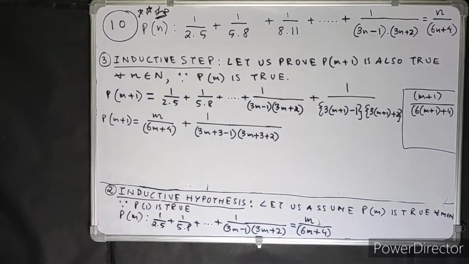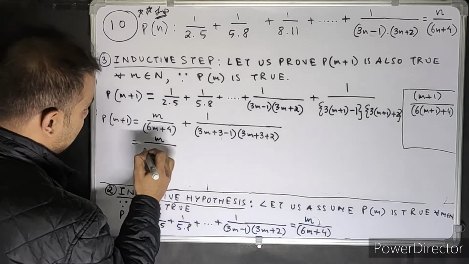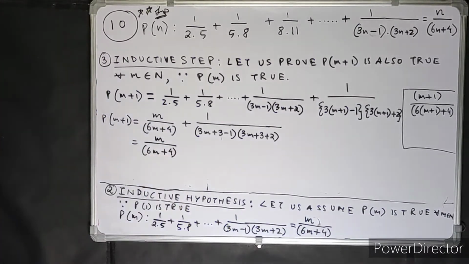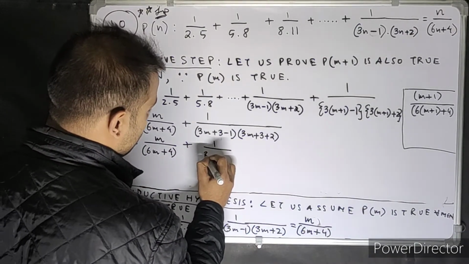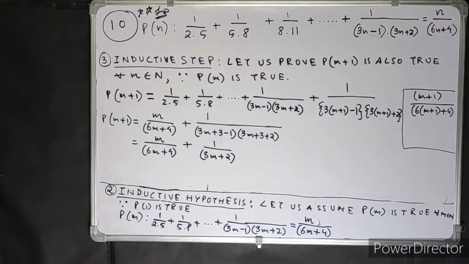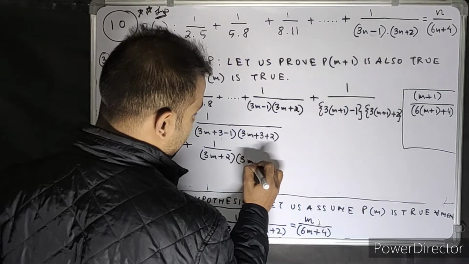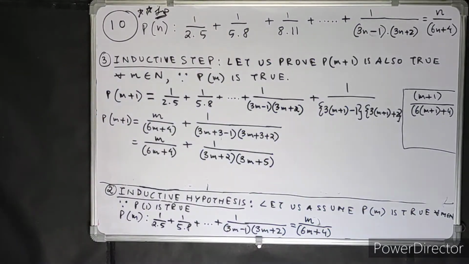Look very carefully. Now from here, m divided by, just copy this, 6m plus 4, and this part is 1 divided by (3m plus 2)(3m plus 5).